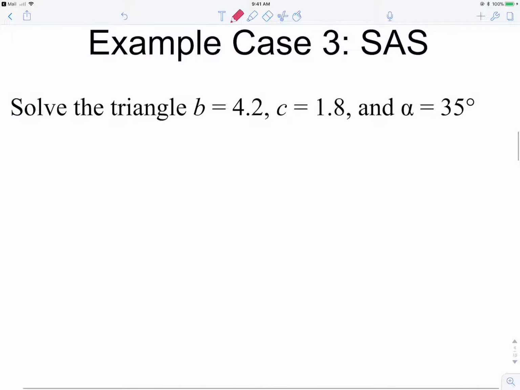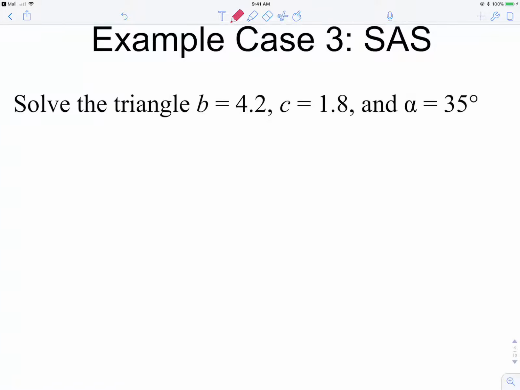In this example, we're given side angle side, and if with the given information you don't recognize that, what I suggest doing is you could just sketch a triangle, go, okay, well, this is alpha, beta, gamma, A, B, C. You're given 4.2, 1.8, and 35 degrees.